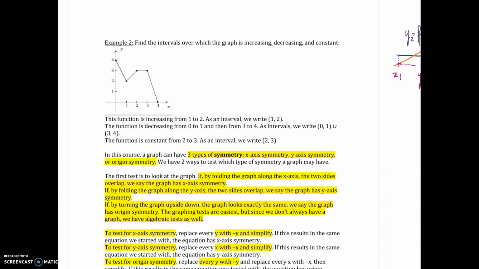But now, on the interval 2, 3, I can see that for my function f of x, no matter which value of x I have, f of x equal 2 is exactly the same value as f of x equal 3, and that value is 3.